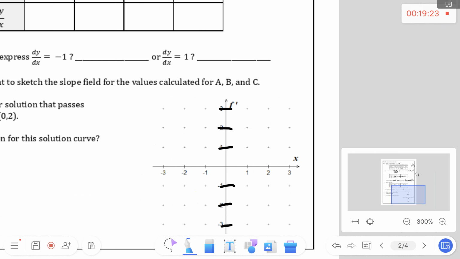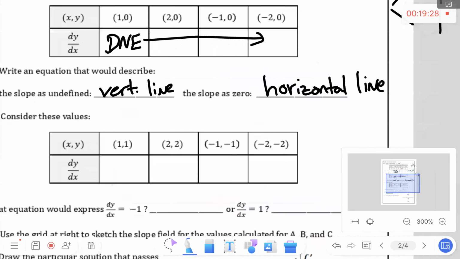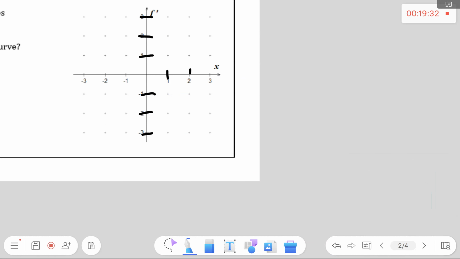That's just what we did earlier. So it does not exist here, so we can't draw the slopes here. Don't do this. Can't do it. Because those are undefined slopes. You can't draw undefined slopes on a vector field. So don't draw those. We can graph the other ones we do have.